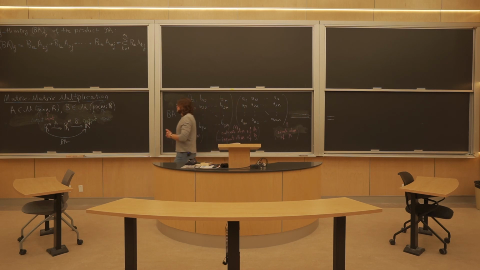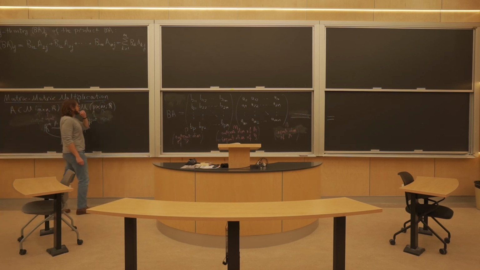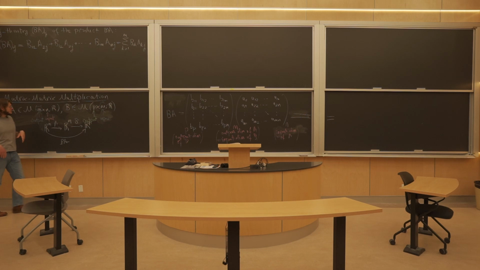So let me just remind you, the whole idea is that you have two matrices, A and B. A, let's say, is an M by N matrix, and B is a P by M matrix. I just made these numbers up. The point here is that this is the number of columns for A, and this is the number of rows for A. The number of columns I can think of as the dimension of the input for A, and the number of rows is going to be the dimension of the output.